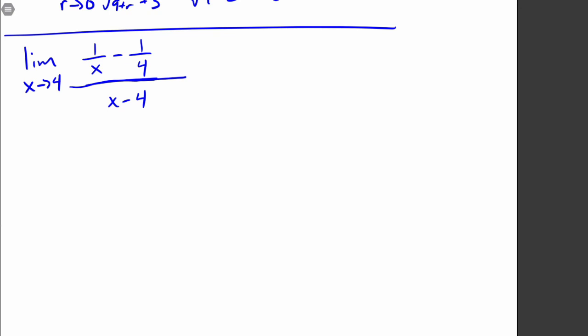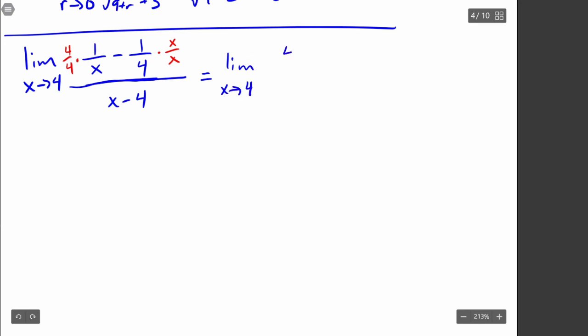So we want to combine these. Over here, we have to multiply by 4 over 4 to give a common denominator. Over here, x over x. So let's write out what happens there. We have 4 over 4x minus x over 4x. All of this is still over x minus 4.